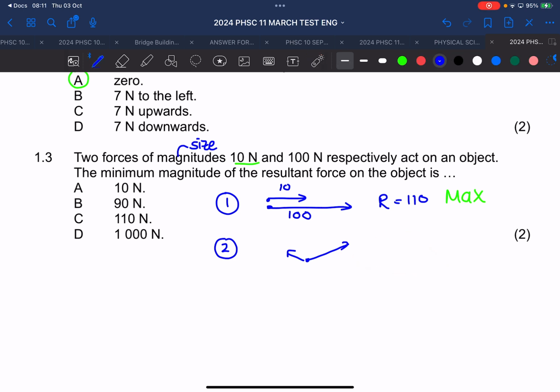Then the third option is if they are opposite to one another. Completely opposite to one another. When the angle between them is 180 degrees. Okay, then we will say, let's say to the right is positive, to the left is negative.